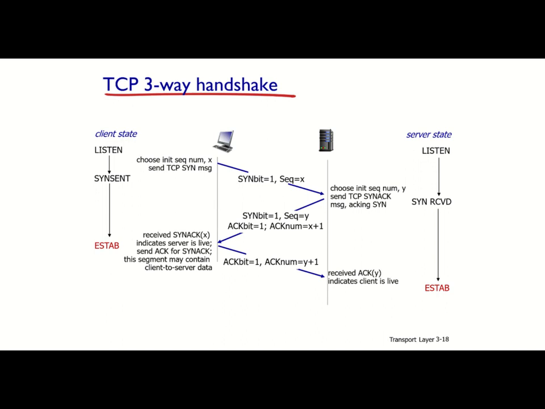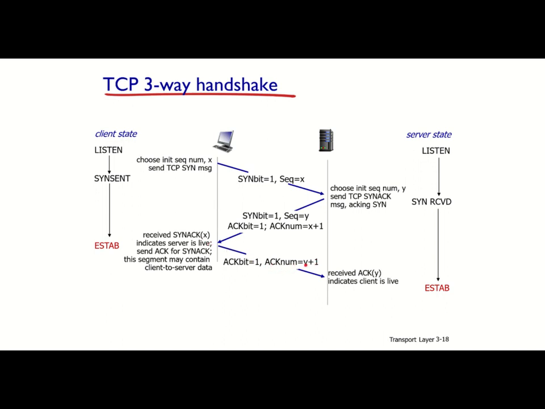After this point, the server is in the SYN received state and the client is in the SYN sent state. But when the server's response is received by the client, it goes to the established state, which means it considers the connection as established, and then it replies back with the acknowledgement number of Y plus 1.